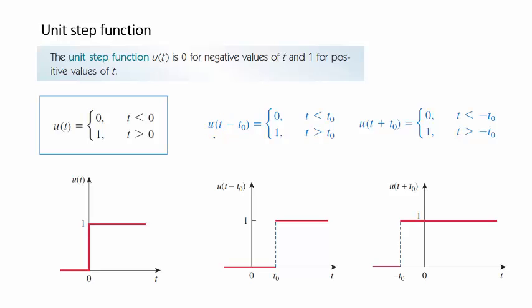The unit step shifted in time to begin at time t0, you write u of t minus t0. So if you think about this definition, like if this was 2 seconds here and this was 3 seconds here, what occurs at 3 seconds? You have 3 minus 2, and that would be 1, and you would be in this regime.